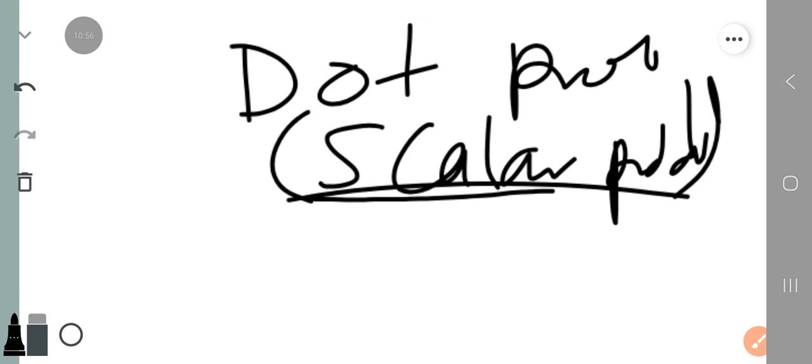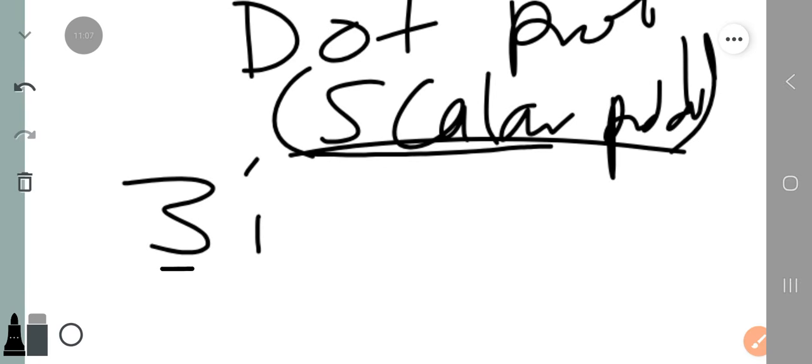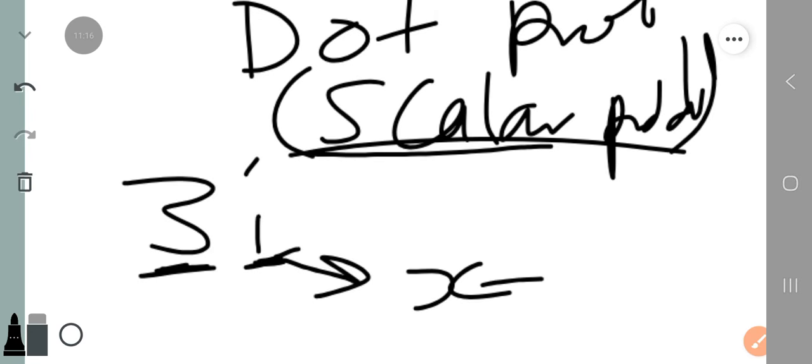For example, whenever you see this number 3i, this means this is a vector, because it has magnitude, which is 3, and the direction, which is I. Remember, I means this one is in the x-axis. So these I's are directions or unit vectors.